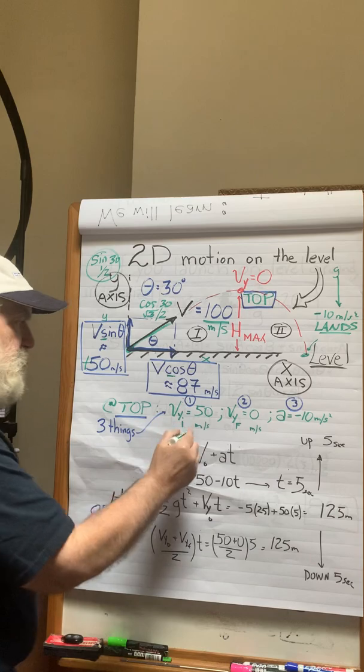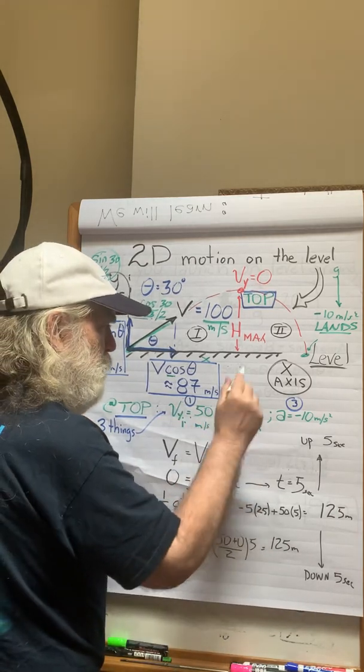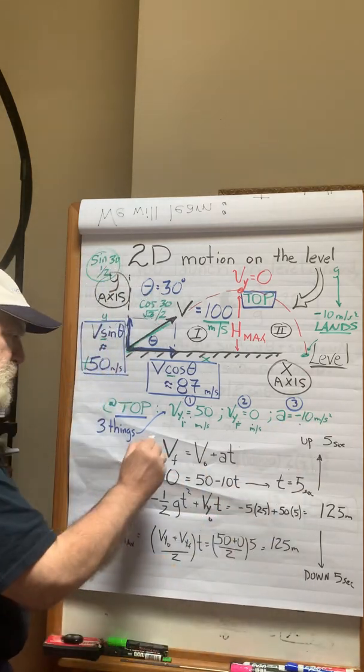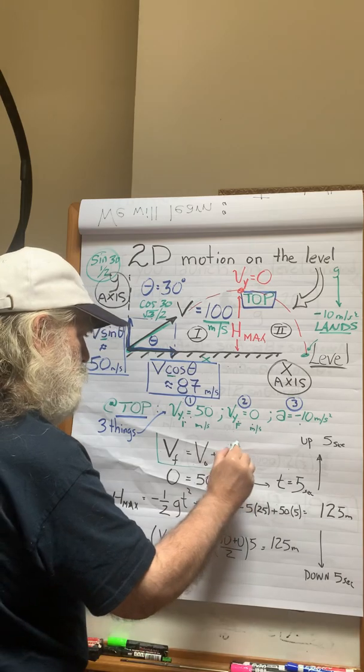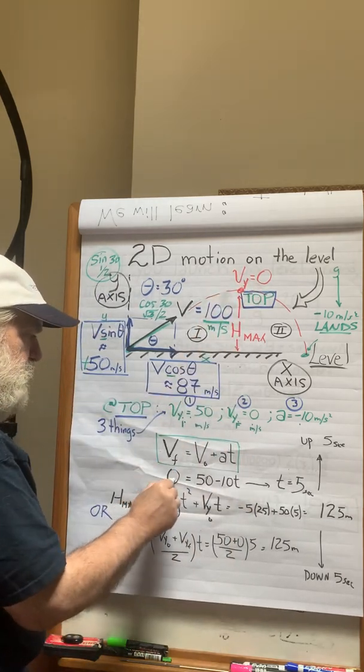So here are the three things I know. V final, V initial 50, V final 0 in the Y direction, and the acceleration negative 10 meters per second squared. I happen to know that this equation will be very useful because I can find the time to the top. V final is 0.